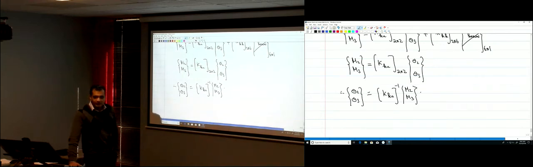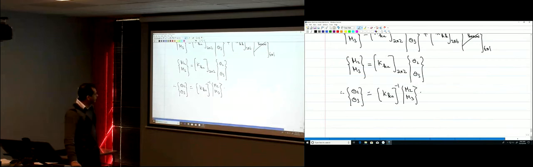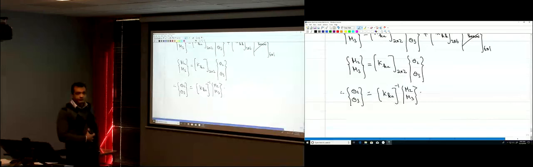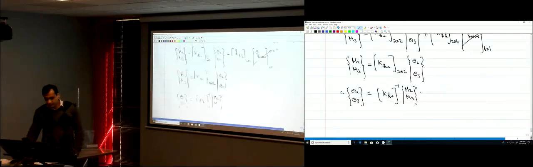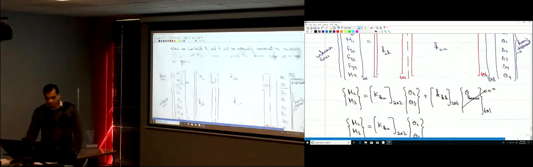It's just, the thing is, it's a computer, so it can do this for hundreds and thousands and maybe 100,000s of displacements or degrees of freedom. Okay? Any question here? So the thing is, to find theta 2 and theta 3, did you need all those numbers?